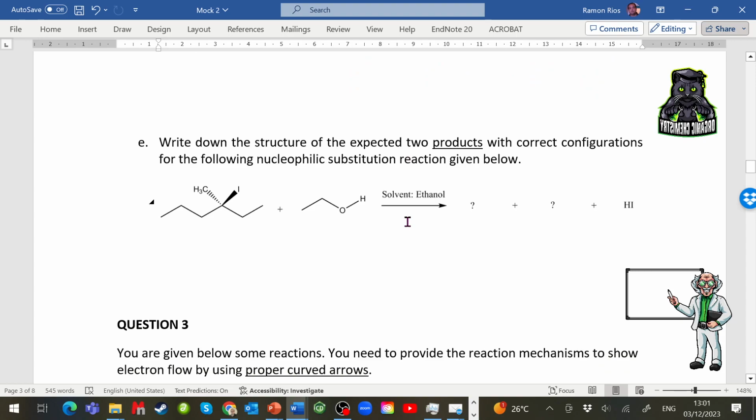Okay, E, write down the structure of the expected two products with the correct configuration for the following nucleophilic substitution. Okay, first of all, we need to decide which is the substitution that takes place. Basically, they tell us that we get two different products. And importantly, this electrophile is a tertiary.